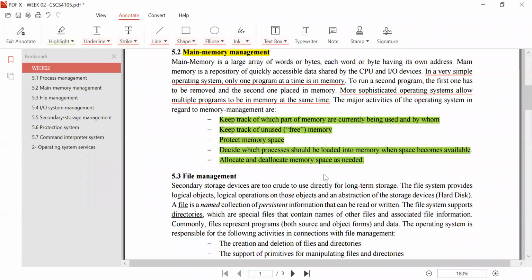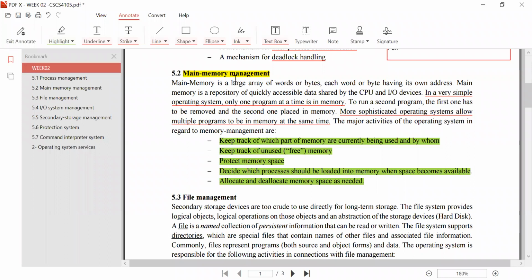So when we talk about memory management for the operating system, you should know the major activities that the operating system is doing. It is keeping track of which memory space is currently being used. It is keeping track of free memory space. It is protecting the memory spaces. It is deciding which process should be loaded into memory.